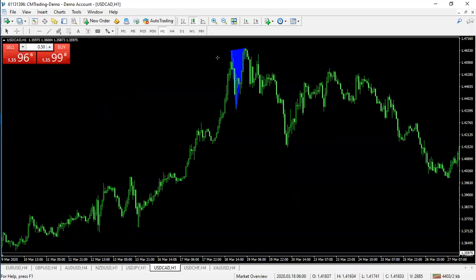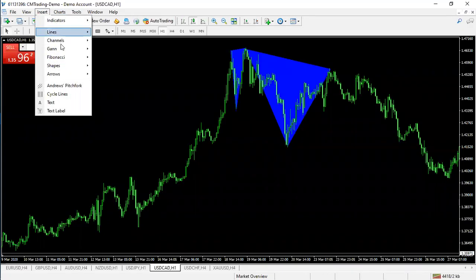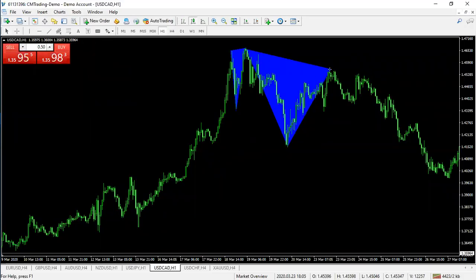Point 1, point 2, point 3. So this is the shoulder. The shoulder is usually lower, it is not as tall as the head. Then we have the third shoulder: insert, shapes, triangle, so we have around this point.